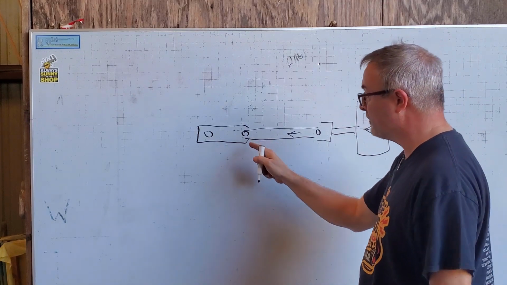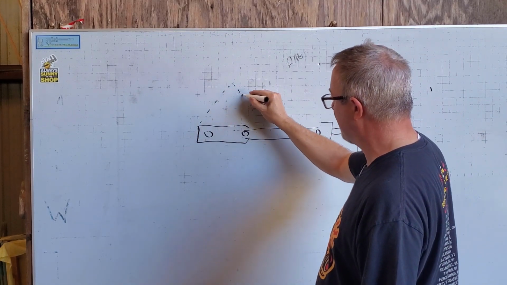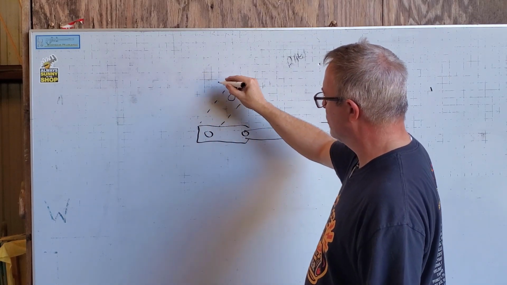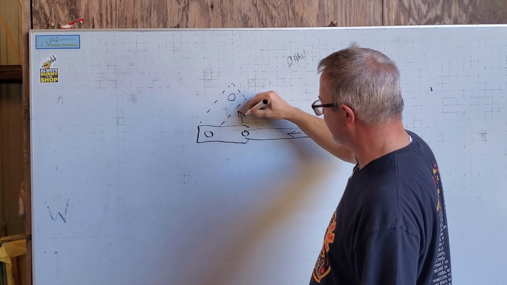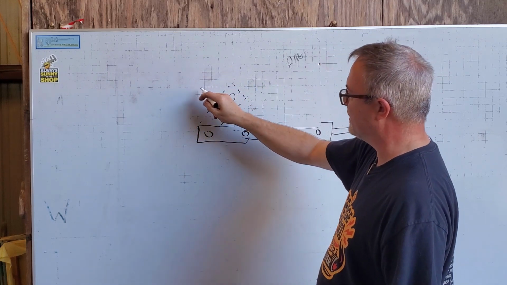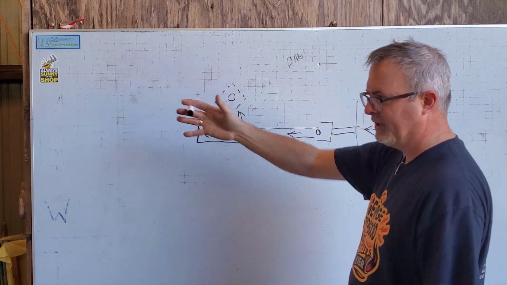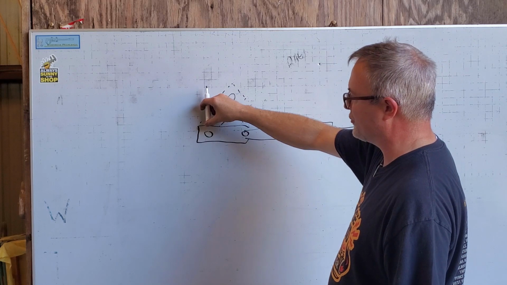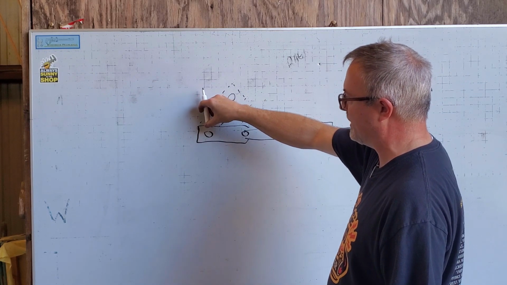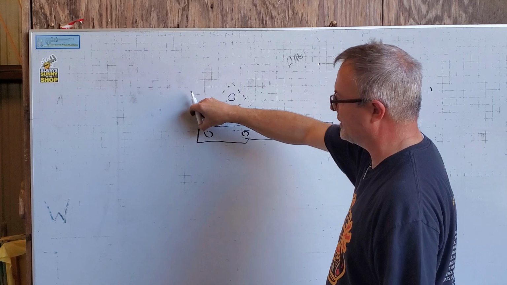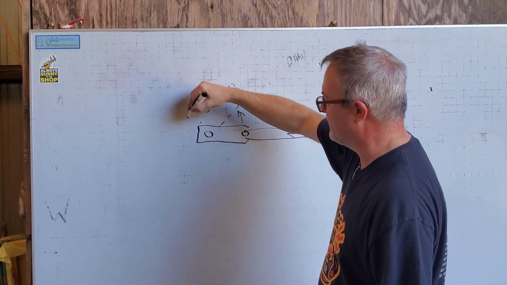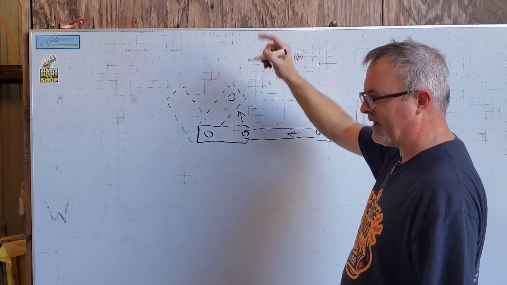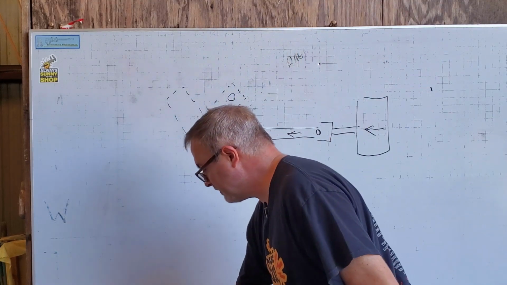So the force is zero, builds to a maximum some point up here, and then as the crank, I'm drawing it as if it's rotating in this direction, passes some point of 90 degrees, in the Skinner steam engine, the steam is cut off and the pressure in the cylinder just expands from there. So the force starts to decrease, and then at some point the exhaust port will open, maybe when we're back here, and the steam will dump out of the cylinder and the force will drop to zero.